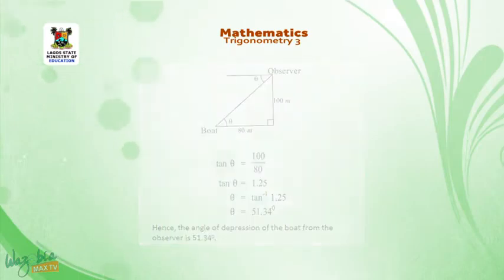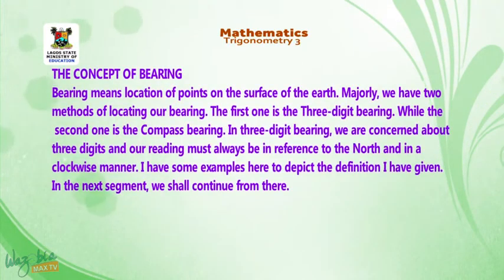Let us quickly move to the concept of bearing. Bearing means location of points on the surface of the earth. Majorly, we have two methods of locating our bearing. The first one is the 3-digit bearing, while the second one is the compass bearing.